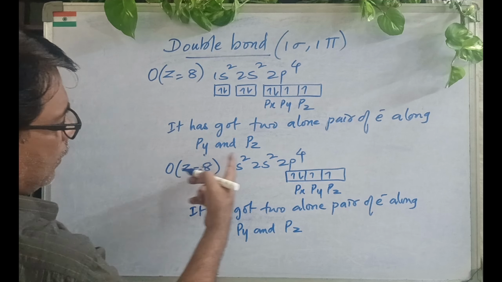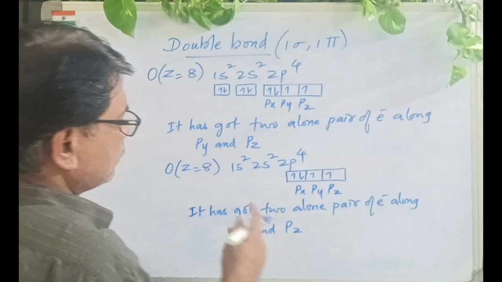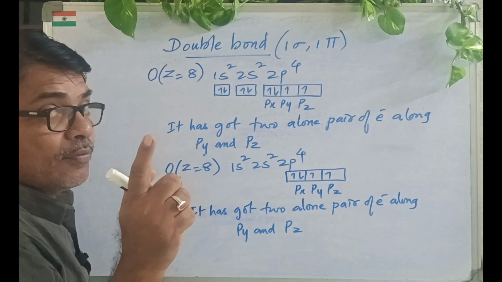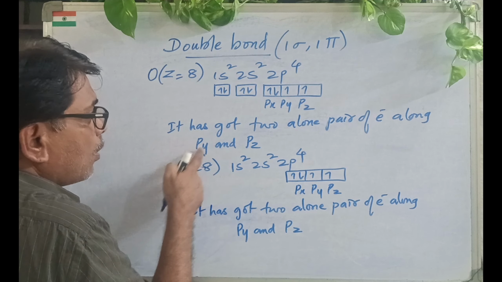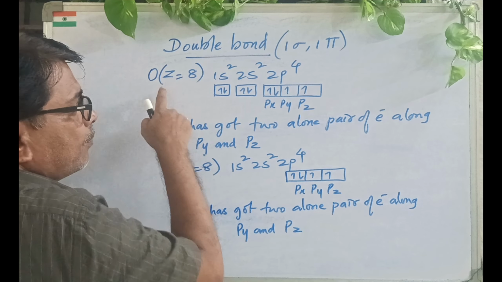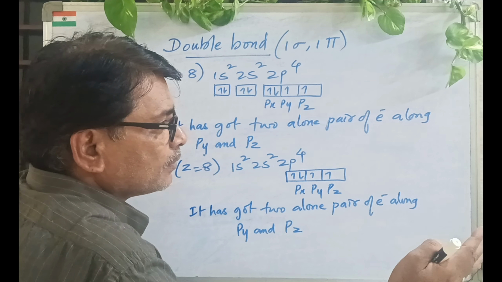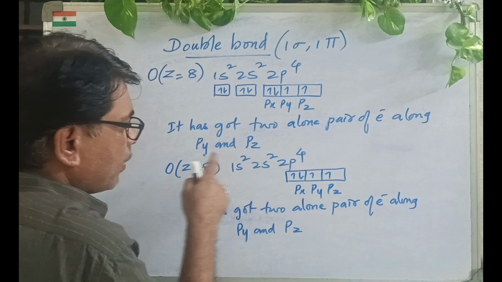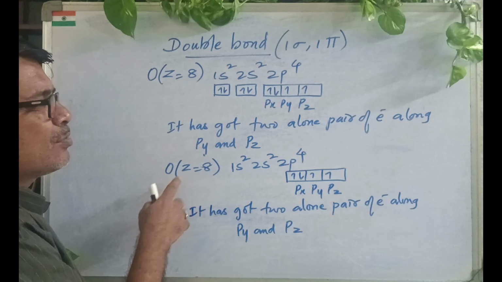Here, py and pz. Now what happens, see, I am giving you the proper explanation. Py orbital means this one. Py orbital of one oxygen atom overlaps with py orbital of another oxygen atom. That's also simple.